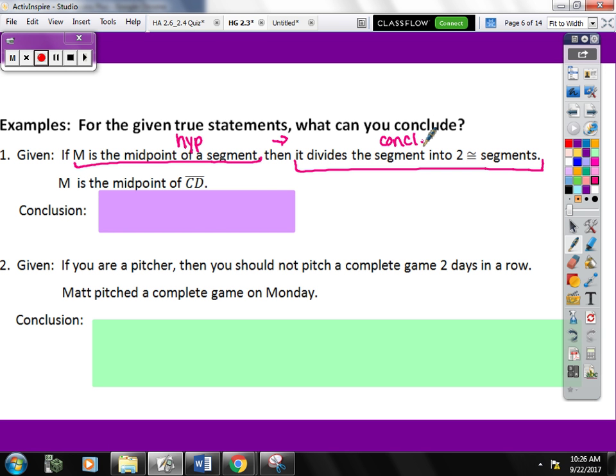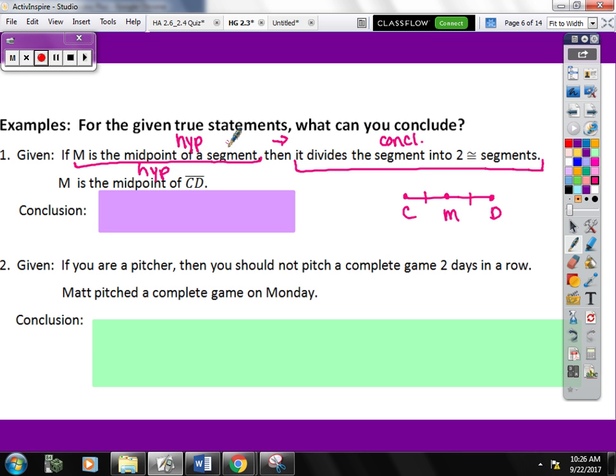They say M is the midpoint of CD. Okay, so if you're thinking about CD, M is the midpoint is what they're given to me. Okay? So M is the midpoint of a segment. They just happen to give you a specific segment now. So this would match up with the hypothesis, right? Just a little bit more precise and specific, talking about a certain segment.